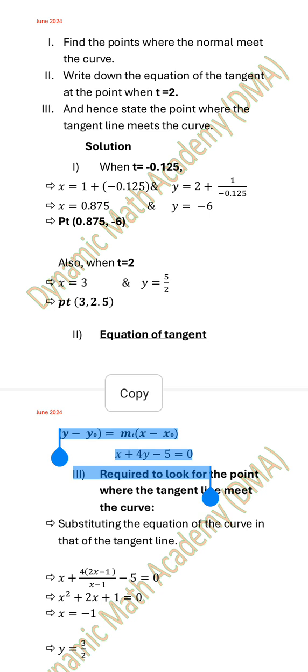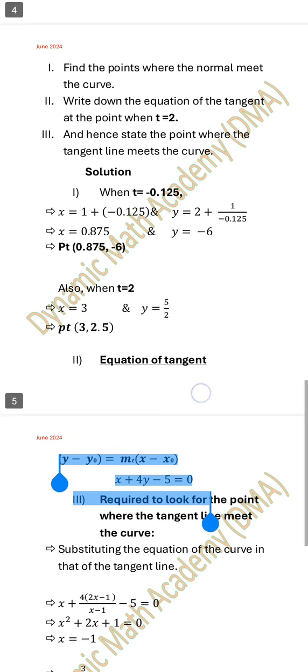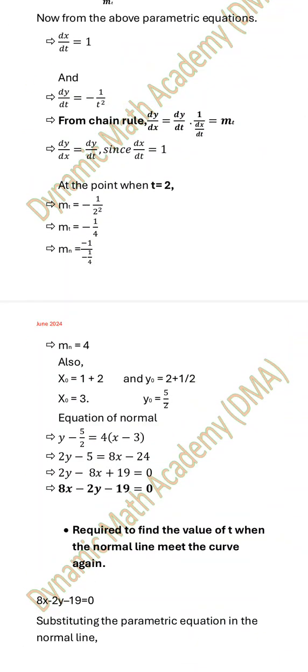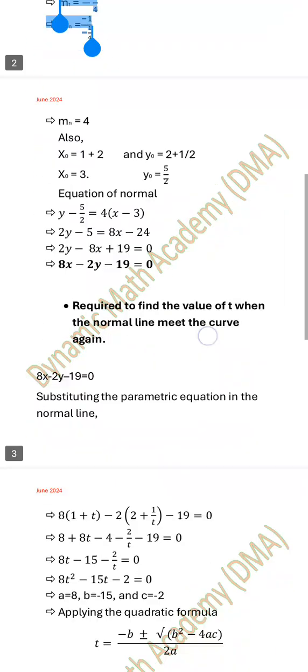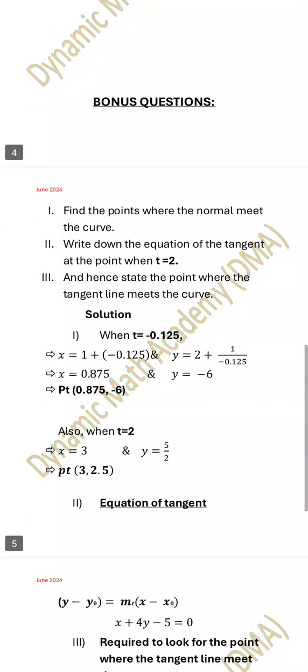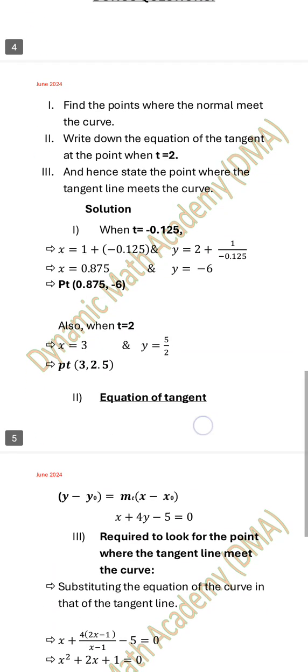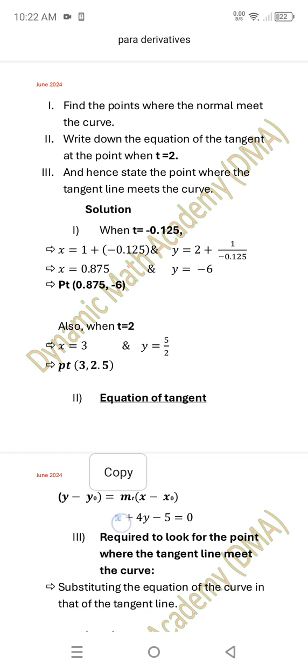And mt equally will not change, because we found mt, that was negative 1/4. So if you substitute all those values, you're going to have the equation of the tangent to be x plus 4y minus 5 equals 0.